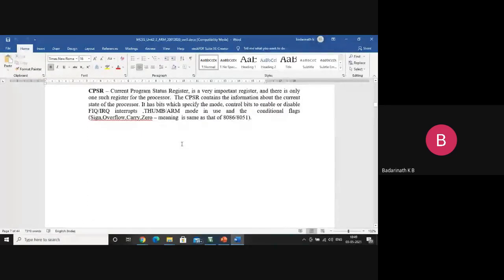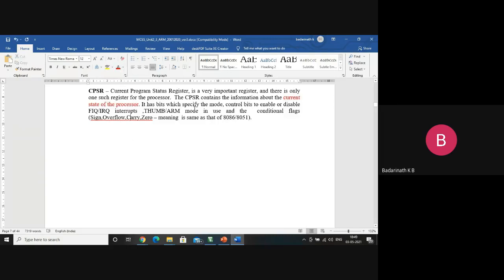Now we will understand what the CPSR register is. The CPSR register, the current program status register, is a very important register, and there is only one such register for the processor. The CPSR contains information about the current state of the processor.